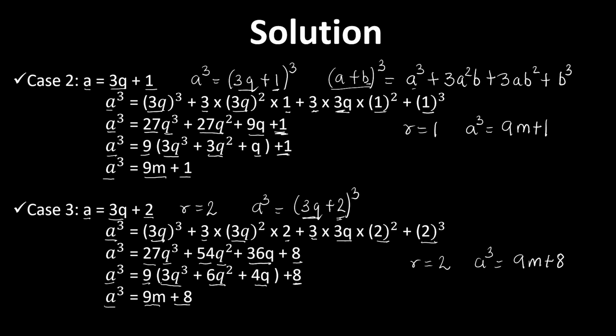So we observed all the 3 cases. If we consider r equal to 0, we were able to write the cube of any positive integer in the form of 9m. In the second case, when we considered r equal to 1, we were able to write the cube of any positive integer in the form of 9m plus 1. And finally, in the third case, when we considered r equal to 2, we were able to write the cube of any positive integer in the form of 9m plus 8.